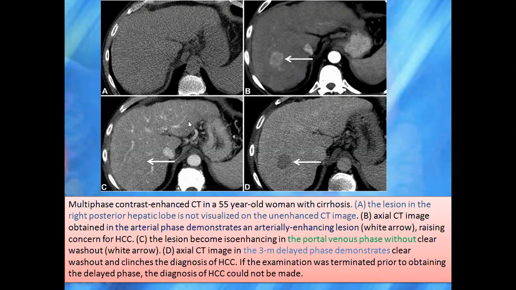C. The lesion becomes iso-enhanced in the portal venous phase, with a clear washout. D. The 3-minute delay phase demonstrates a clear washout and clinches the diagnosis of hepatocellular carcinoma. If the examination was terminated prior to obtaining the delay phase, the diagnosis of hepatocellular carcinoma could not be made.